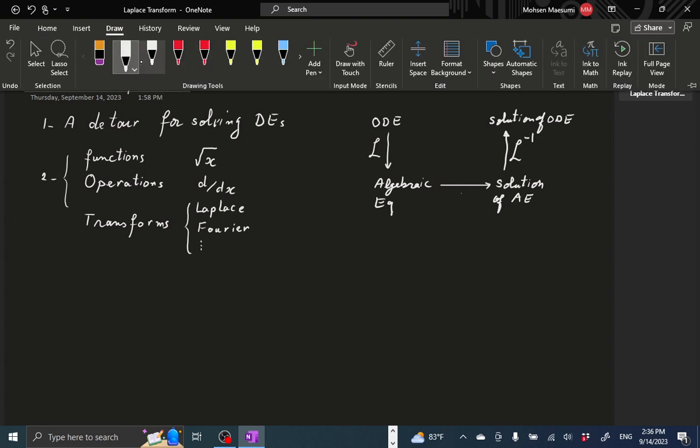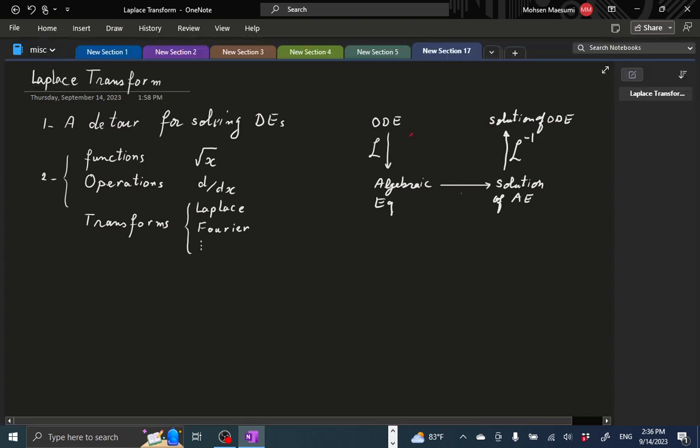So what we are doing is that we are going to go through this detour as opposed to going straight, which is what we have learned throughout the semester. When we take this detour, we say we are solving the equation by applying Laplace transform.